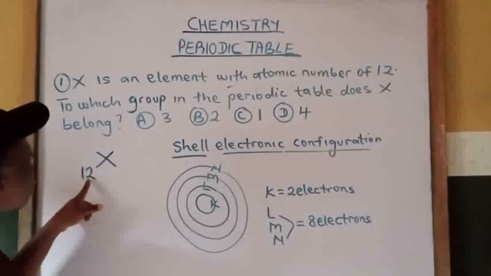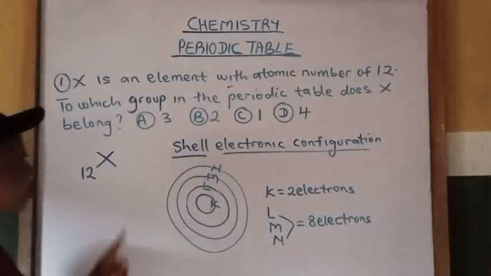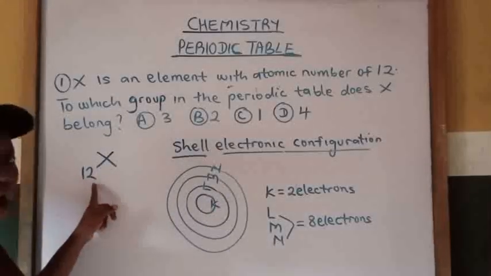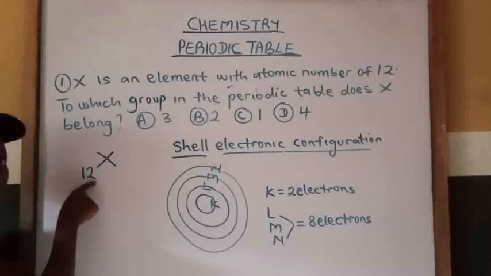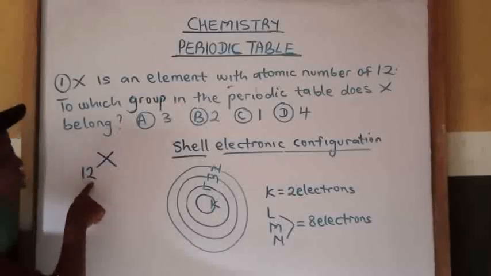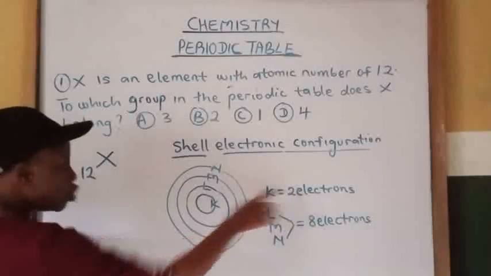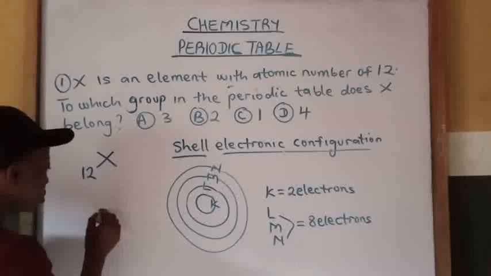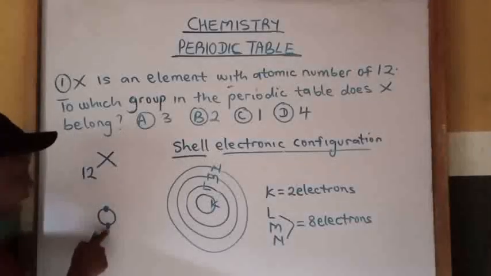Now we want to distribute these electrons on the electronic shells. So let's draw the electronic shell for element X. Element X has 12 electrons. The first shell, which is K shell, carries 2 electrons.